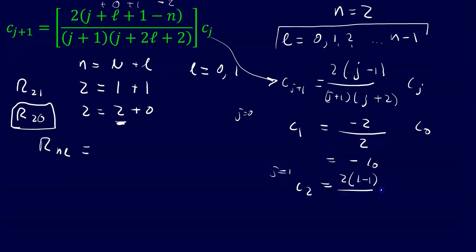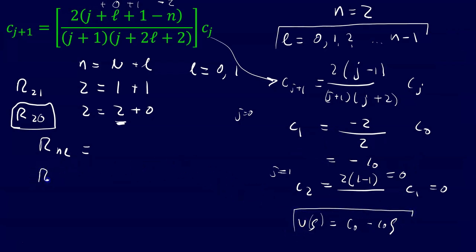So I get 1 minus 1, which of course is equal to 0. And so all terms after c2 will be 0. So this implies that our polynomial looks something kind of like this. It's just going to be the first term c0, and then the second term would be c1 times rho, but of course here we see that c1 is negative c0. So this would be our sum there.